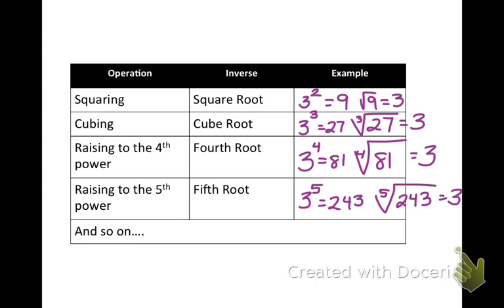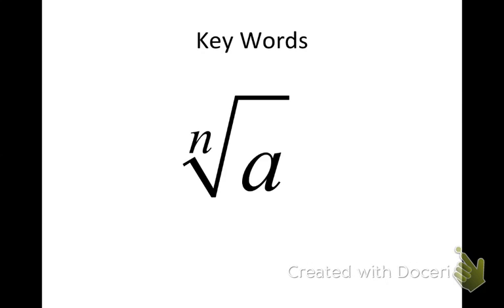All right, so now let's talk about some good vocabulary here. So let's write this radical sign down. The square root, the cube root, the 4th root, the 5th root are all just what we call radicals. Radicals is just the generic name that we use for anything that has the root symbol.